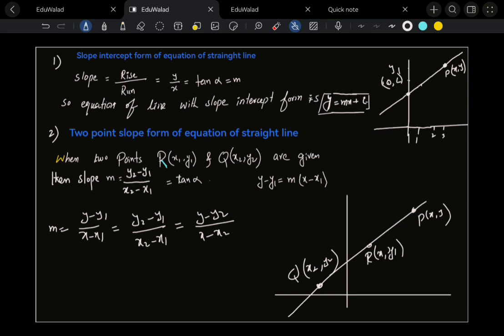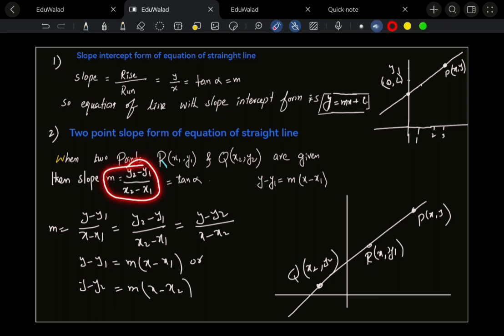So we can write any of the following: y minus y1 equals m into x minus x1, or y minus y2 equals m into x minus x2. And what is m? m is this, y2 minus y1 over x2 minus x1. This is the 2-point slope form of the equation of straight line.